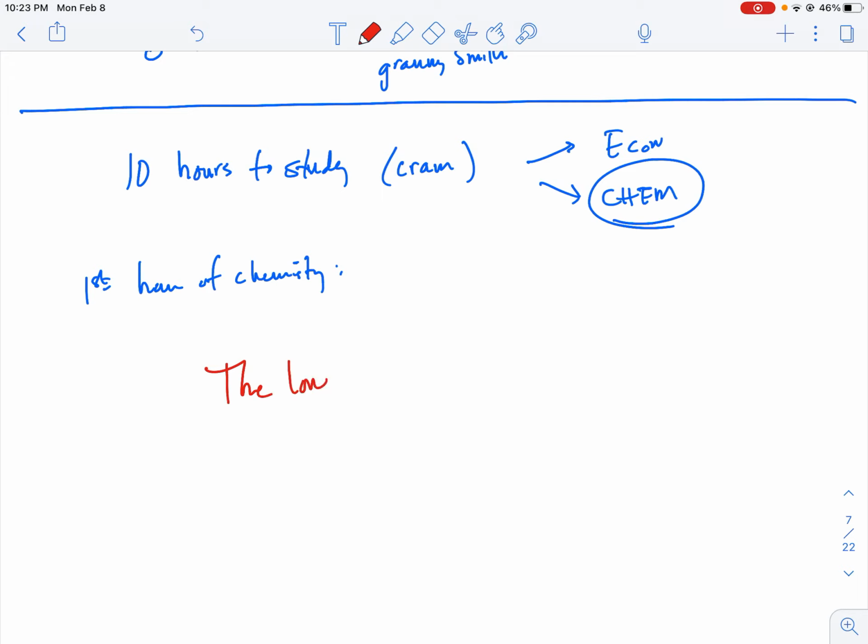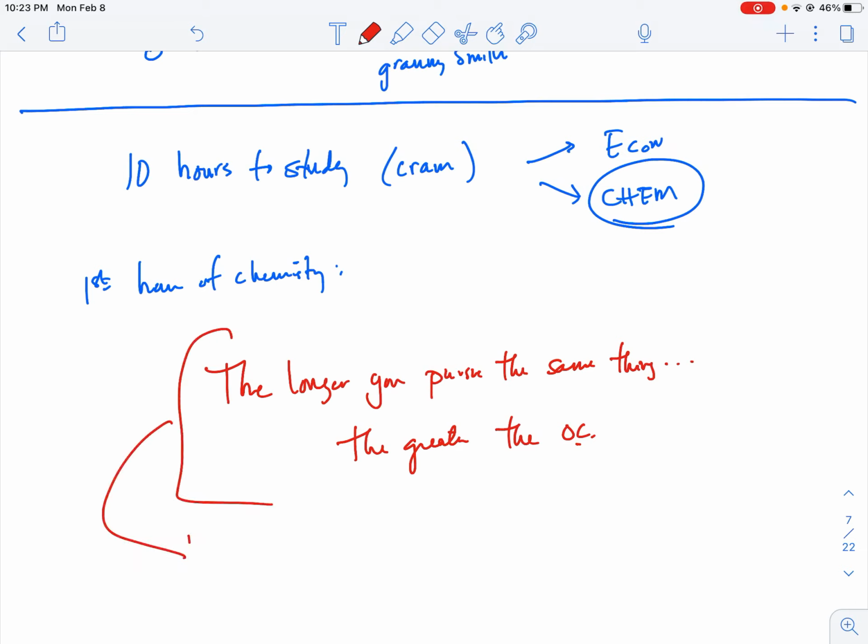Let me write that out. The longer you pursue the same thing, the greater the opportunity cost. And where that's true, this is not true in all productive enterprises, right? All aspects of production.